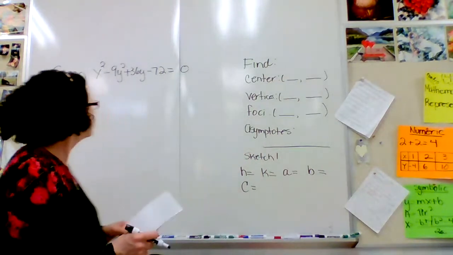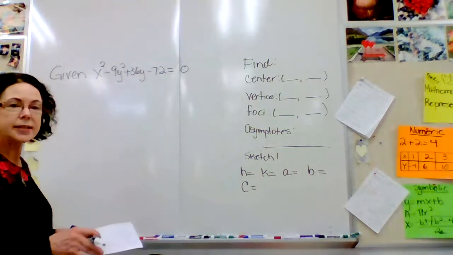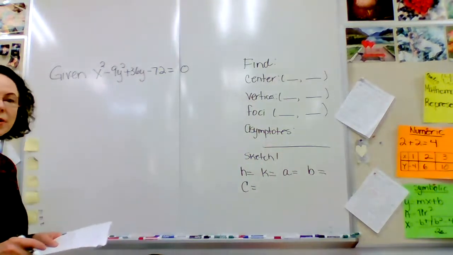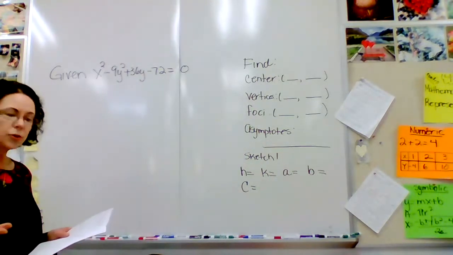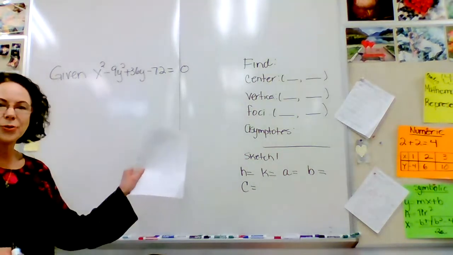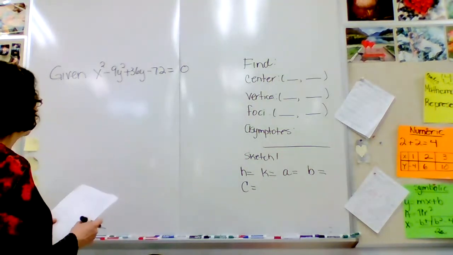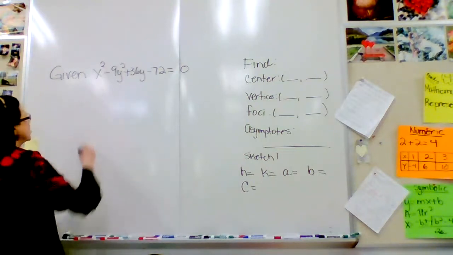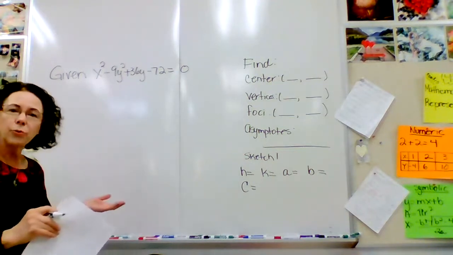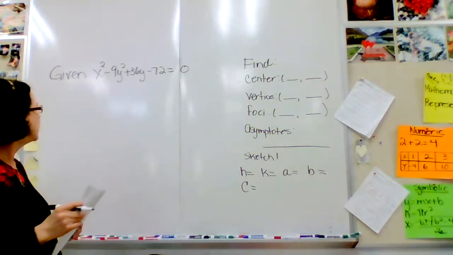I'm first going to put this equation into standard form for a hyperbola so that I know if it's horizontal or vertical, and then I can use all my information. First of all, let's note that we have our x squareds that are positive, followed by our y squareds, which have a negative on them.